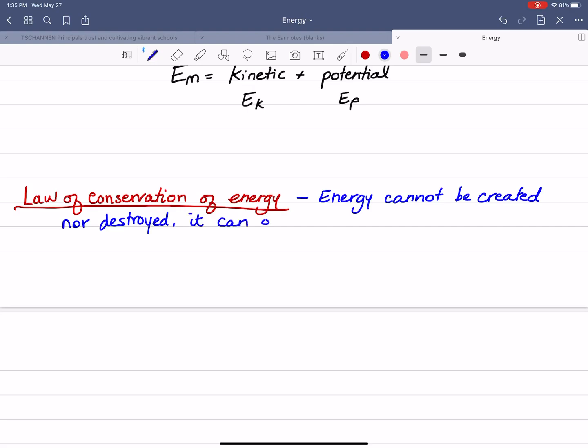It can only be converted from one form to another, or transferred from one object to another.